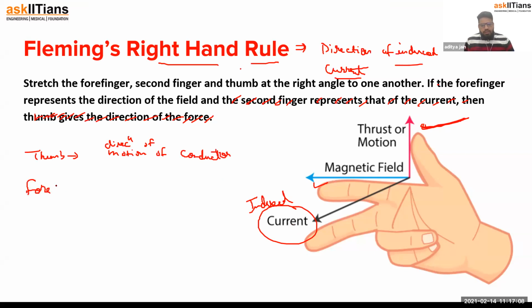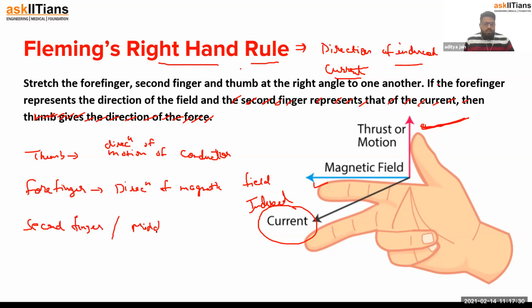The forefinger gives the direction of magnetic field. So if we get the direction of motion of the conductor by the thumb and the direction of magnetic field with the forefinger, then the second finger, or middle finger, will represent the direction of induced current.